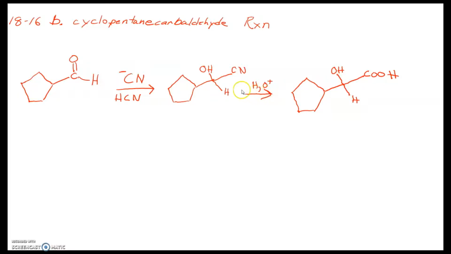In this problem, the first step gives us the cyanohydrin. But when the cyanohydrin is hydrolyzed with acetic acid, with any acid, then what we get is a carboxylic acid. This is something that we need to learn in the chapter on carboxylic acids, when we are looking at the synthesis of carboxylic acids.